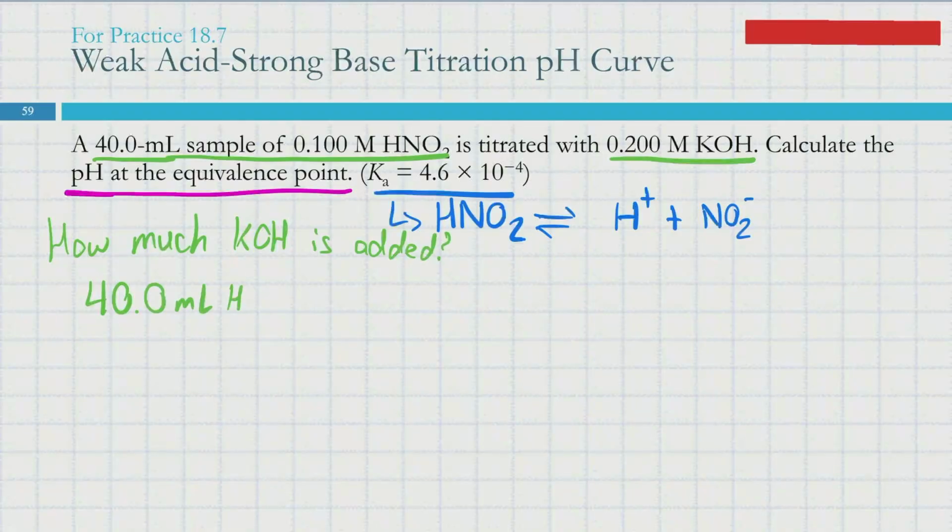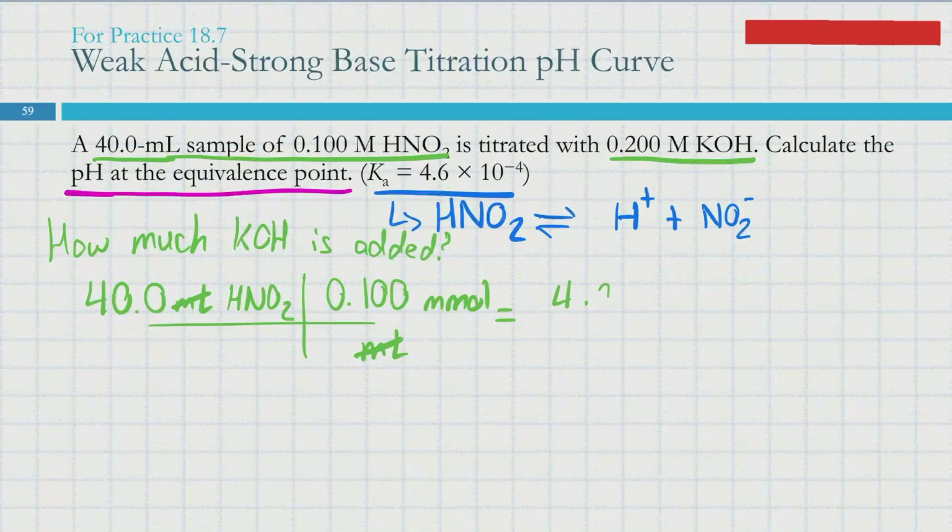So 40 milliliters HNO2 times 0.100, I'm going to use that millimole per milliliter trick here. We learned that last class as well. So the milliliters cancel, and we've got the number of millimoles of HNO2. That's going to be the same as the millimoles of KOH because it's a 1-to-1 ratio.